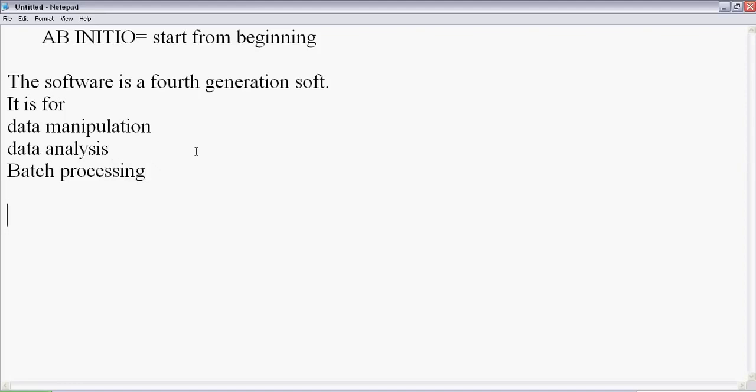It has a special feature with GUI. GUI means graphical user interface, and also with parallel processing.